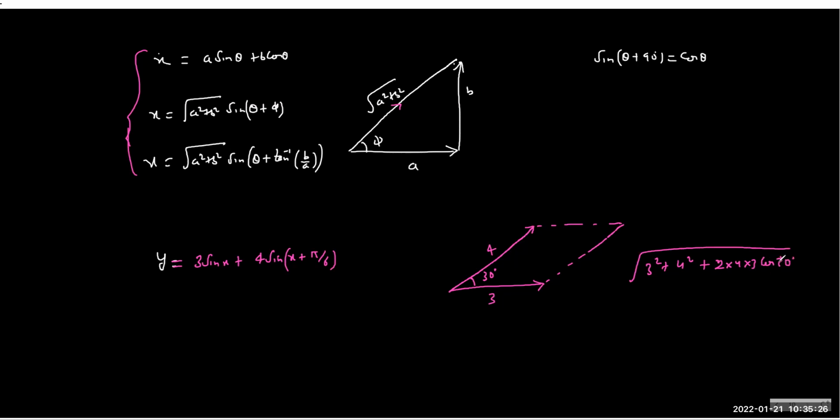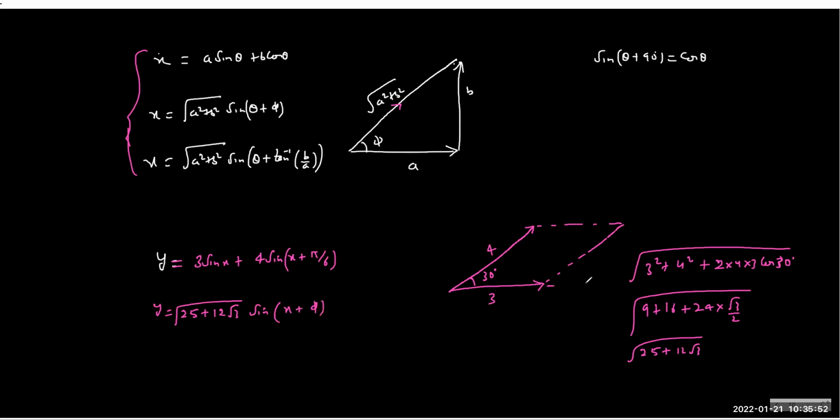So you can see this is very easy now. This is 9 plus 16 plus whatever. Oh, that's bad. So this is 25 plus 12 root 3. I mean, a bad answer, but that's okay. So we can write this as under root of 25 plus 12 root 3 into sine of x plus some value phi, but phi you need to calculate using the full triangle.